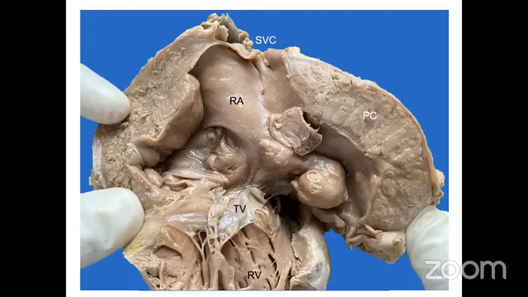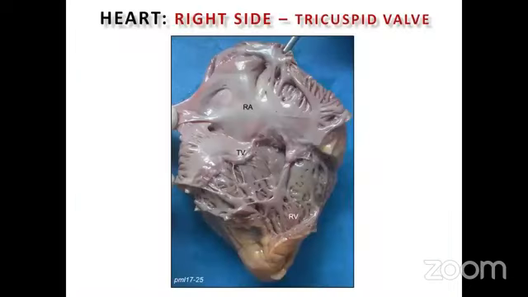So please remember that we can have thrombi, we can have tumor thrombi, as well as non-thrombotic extensions into the right atrium.